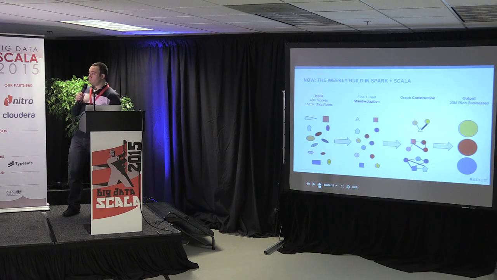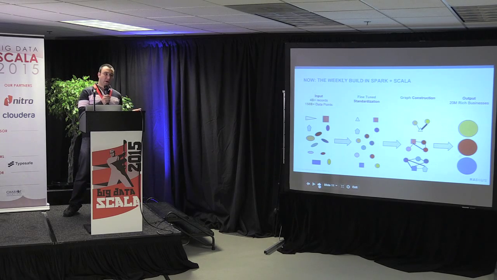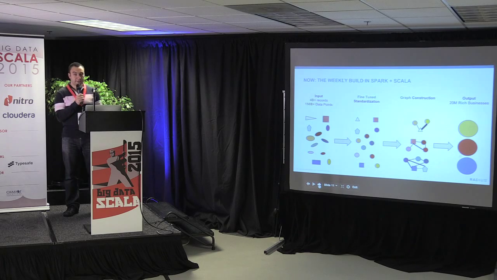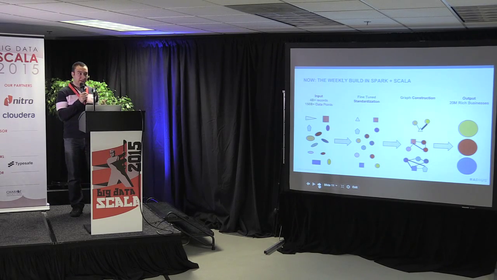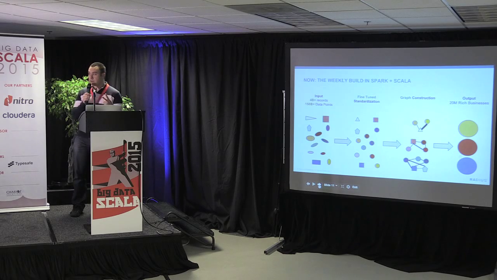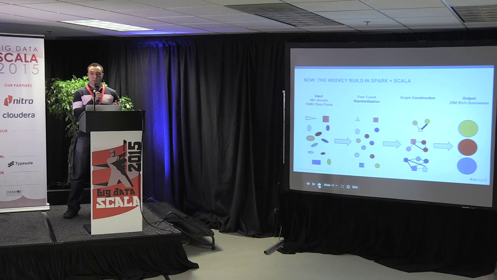Number one, we do more fine-tuned standardization. This is possible because we can have a lot more engineers working on that project. And that allows us to do very smart things around string similarity functions, around address standardizations. I mean, a lot of complex problems like that. Second, instead of just grouping records when we think they represent the same business, we can actually build a graph and model the relationship between those records.